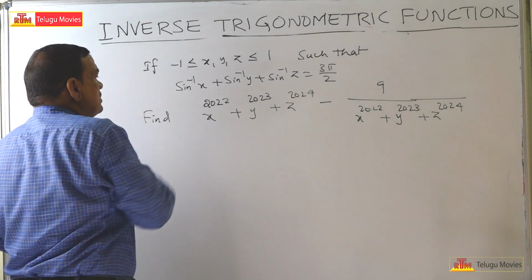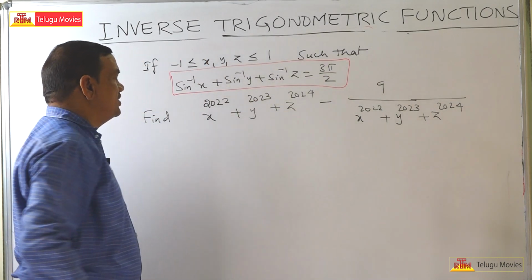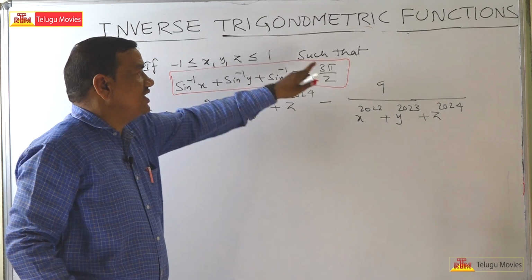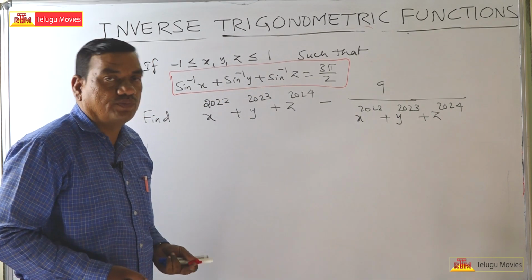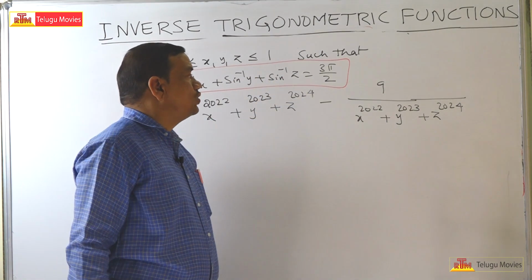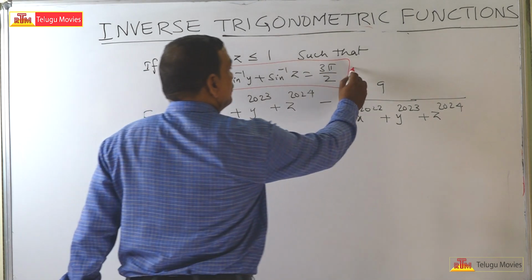First concentrate on this condition. Sin inverse of x plus sin inverse of y plus sin inverse of z is equal to how much? 3 pi by 2. That means the sum of these 3 angles is 270 degrees.